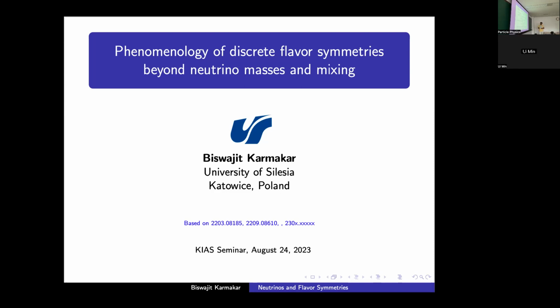Now, with this, if your charged lepton mass matrix is invariant under this transformation, and the neutrino mass matrix is invariant under this transformation, and if they satisfy this relation, then from these generators, we can simply obtain the diagonalizing matrix for the neutrino sector, and this basically gives the tri-bimaximal mixing.